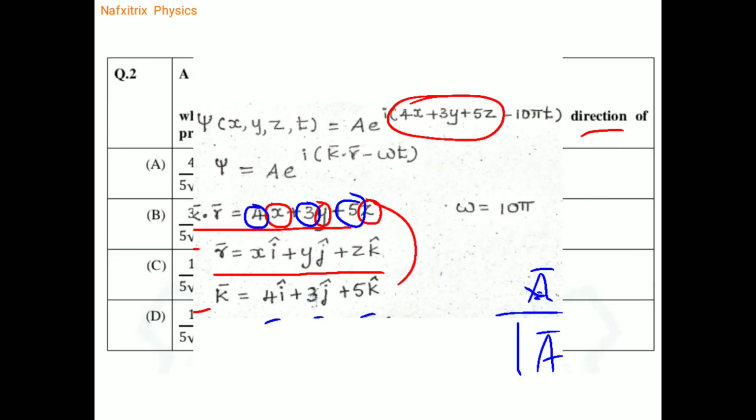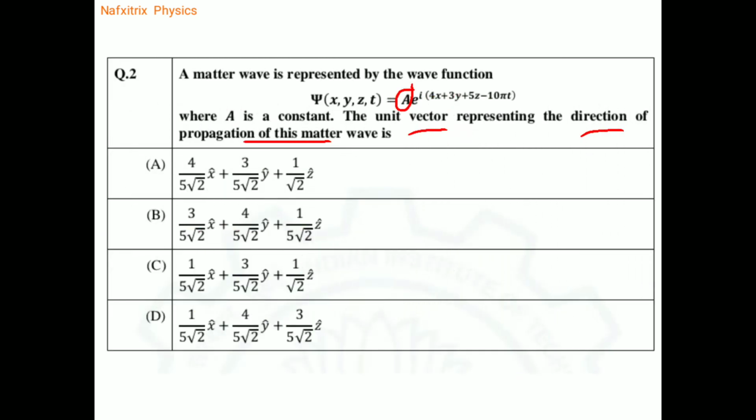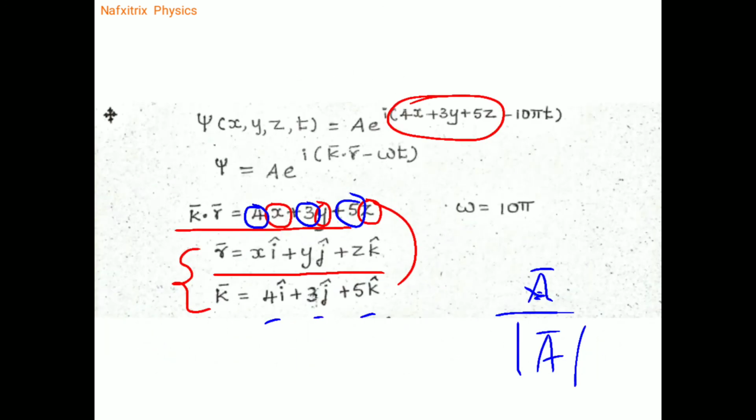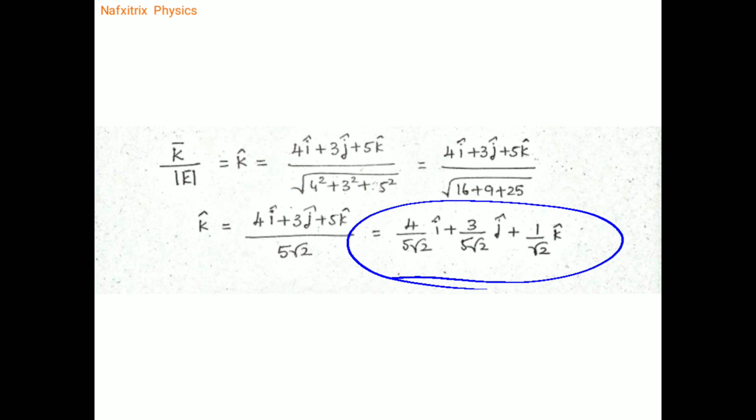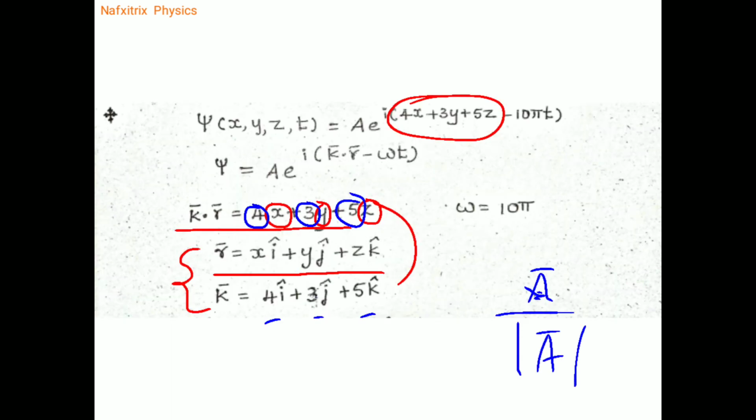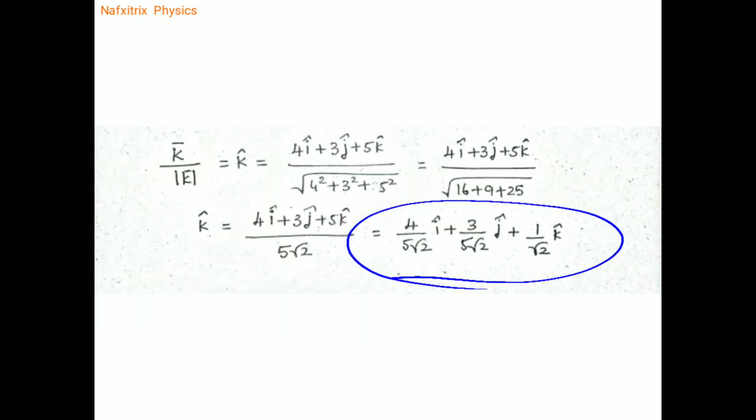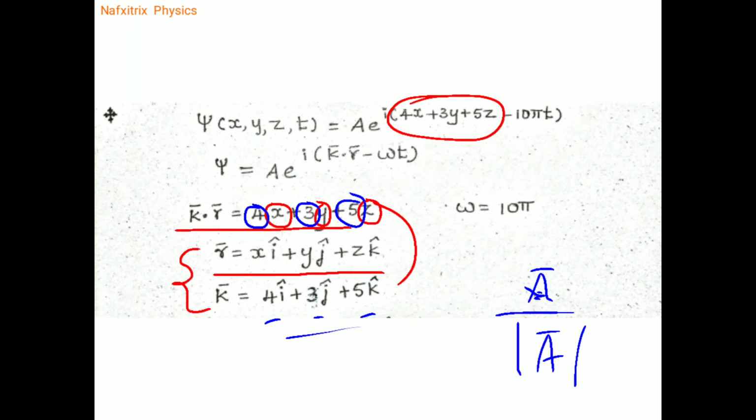So the correct option is 4 by 5 root 2, 3 by 5 root 2, 1 by root 2. Option A is the correct one. This is our required wave vector in this case. So thank you.